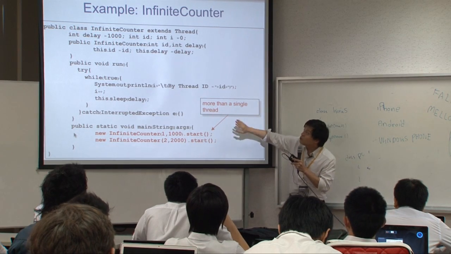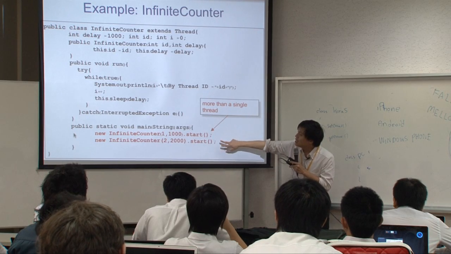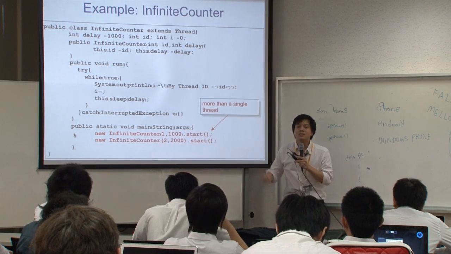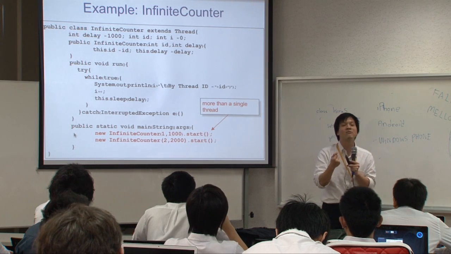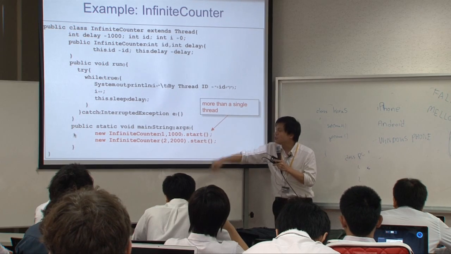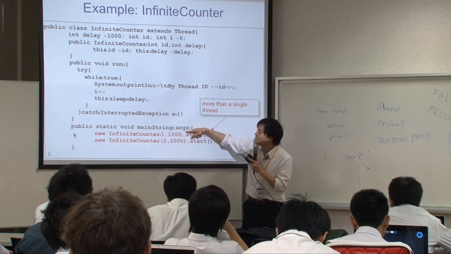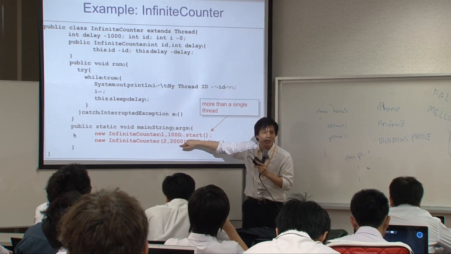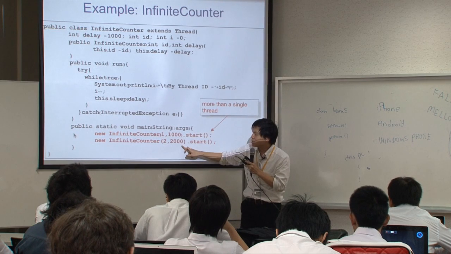Okay, please. So suppose with the same definition, we change the method main, right? And then here, instead of the method main just creating one single program flow, we create two of them. Set each one of their IDs, and the amount of time it sleeps, right? So 1 second and 2 seconds.